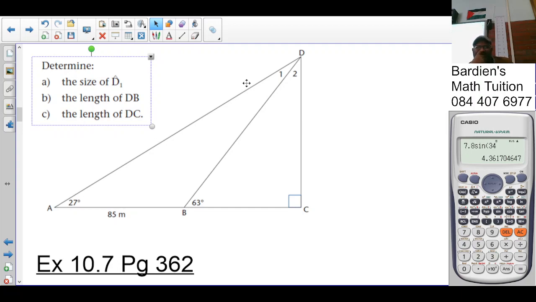On a straight line, yes? Then I got 117, and then I calculated D1 using the sum of the angles of a triangle. Now, whenever you have angles on a straight line followed by the sum of a triangle, you must always use the exterior angle, which is equal to the sum of the interior opposite angles.